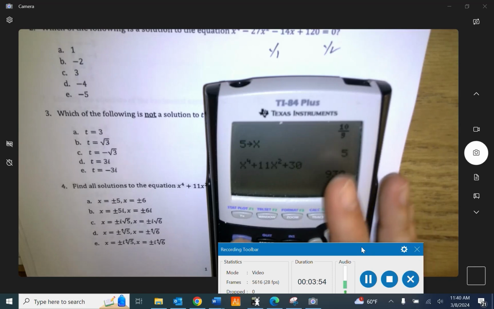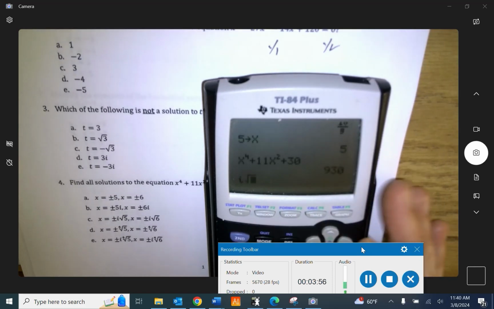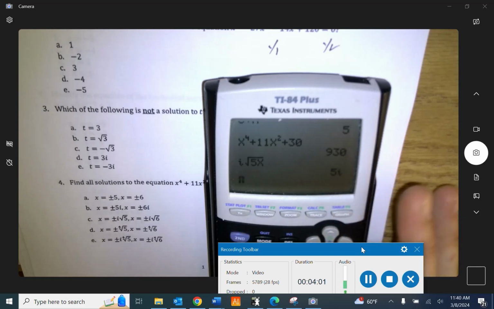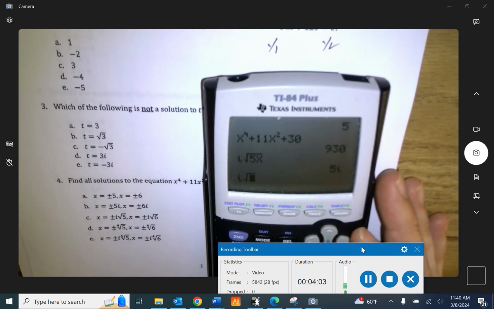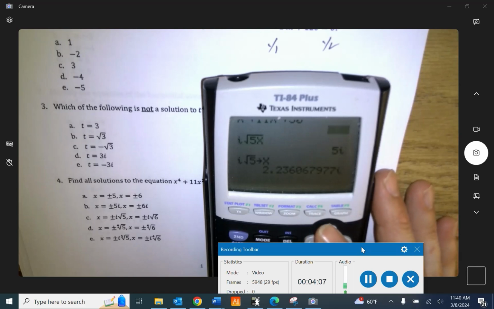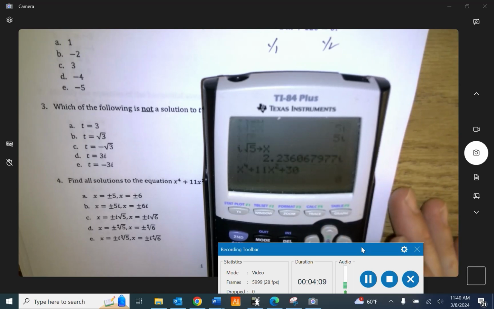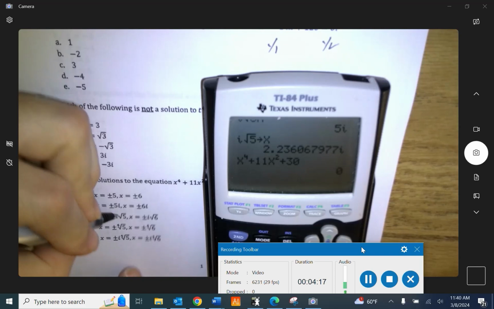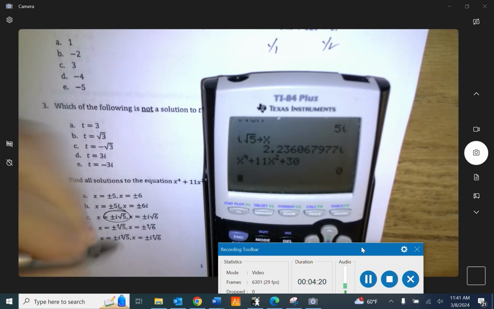Let's take i root 5, store it to x. Whoops, try that again. i root 5, store it to x. Turns out it is a 0. That's kind of an interesting one, isn't it?